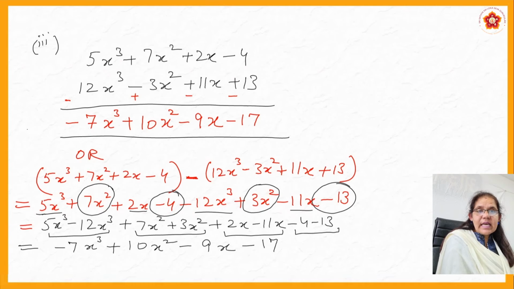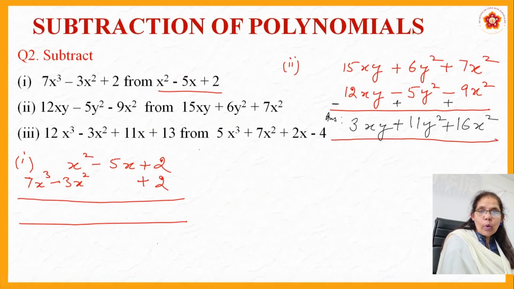So we get the same answer in these two ways we have done the question. Let us look at part 1. In part 1, we had to subtract from x square minus 5x plus 2.